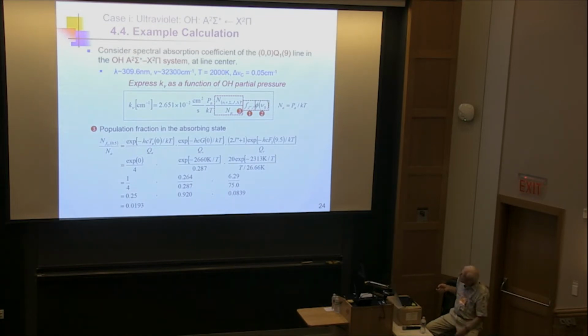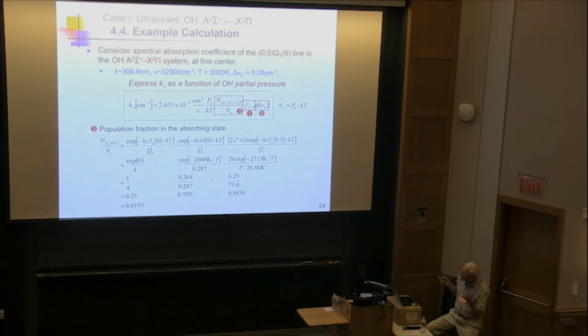If you recognize that, it's really just the vibrational contribution in level 0. At this temperature, vibrational population is dominantly in v equals 0. And then this is the rotational term. So this says that 8% of the molecules have a specific J, although only 1/4 of those are in a given quantum state.